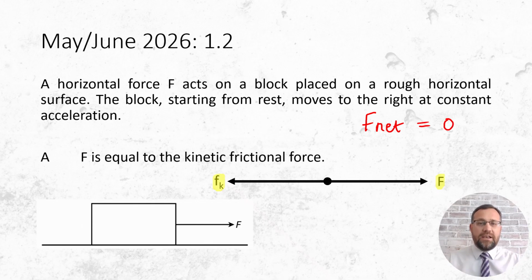And if F net is equal to 0, the block would continue moving at a constant velocity. But read the question. We don't have constant velocity, we have constant acceleration. So this means that F must be greater than the kinetic frictional force in order for the object to accelerate at a constant rate. So statement A is false.